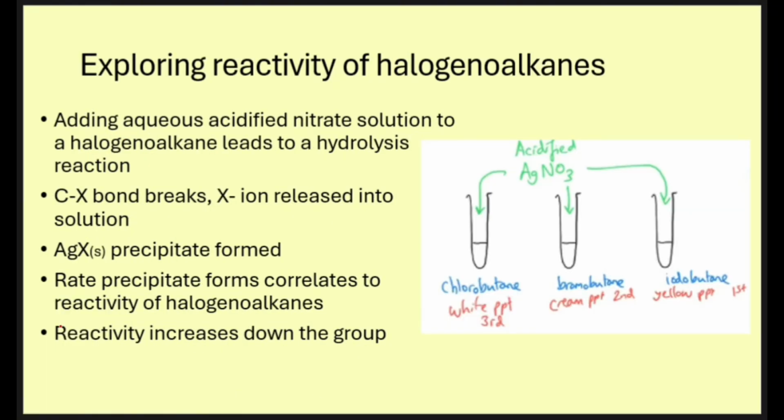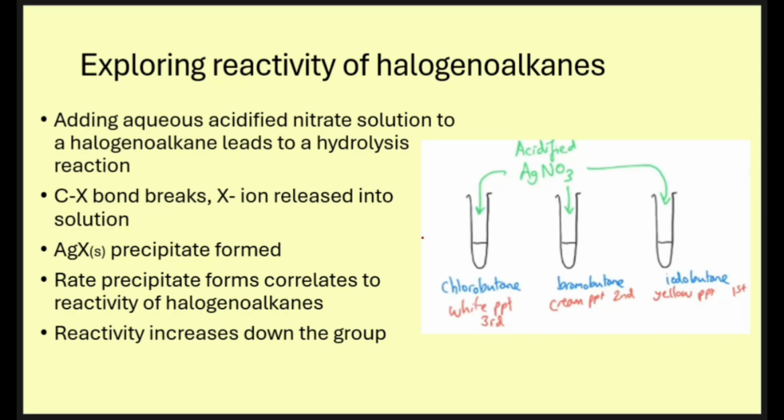So to put this into practice, when we explore the reactivity of halogenoalkanes, we can do a simple test tube reaction just to visualise it. By adding aqueous acidified silver nitrate solution to a halogenoalkane, we can get a hydrolysis reaction. We've got these 3 test tubes here, each with an equal amount of acidified silver nitrate solution and an equal amount of a halogenoalkane.